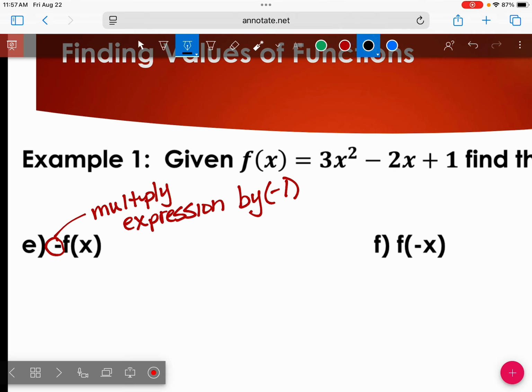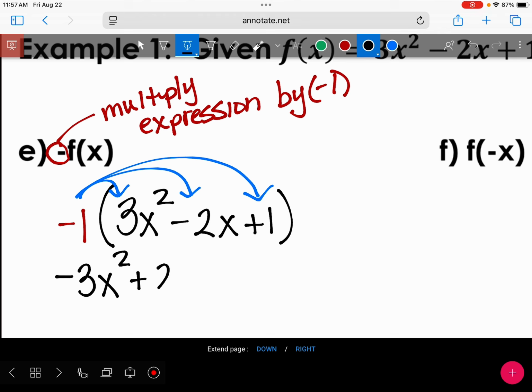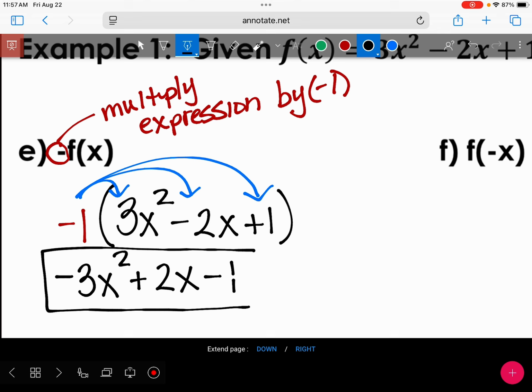So when I take my expression, which is 3x squared minus 2x plus 1, I'm just going to put a negative in front and distribute it. And that is what we get.